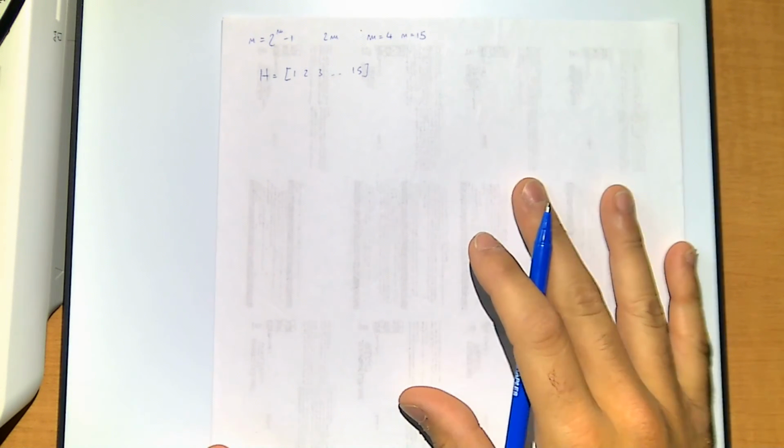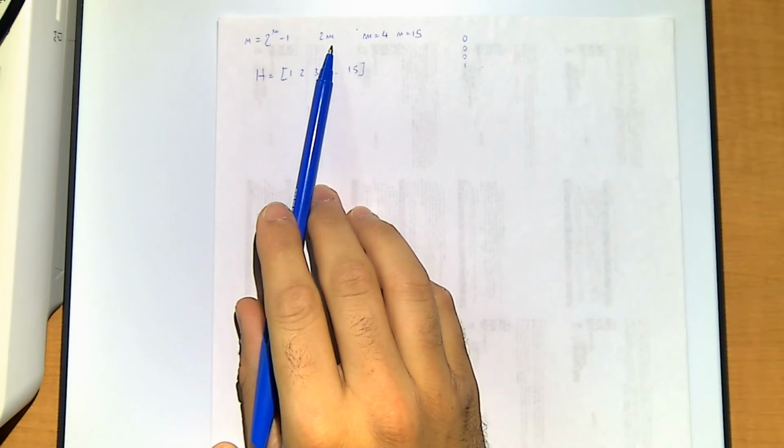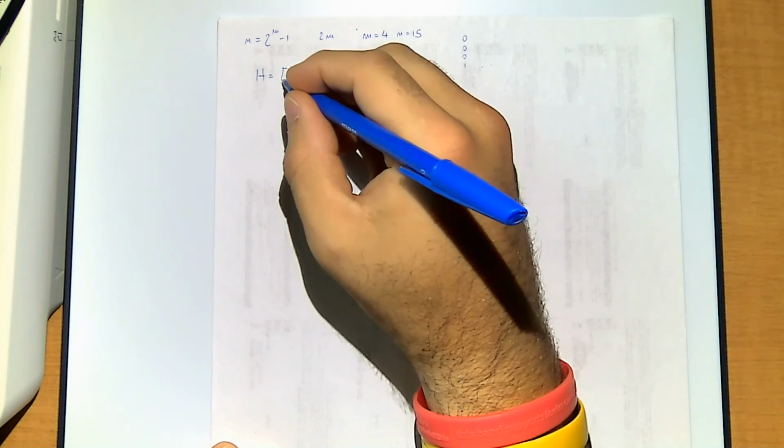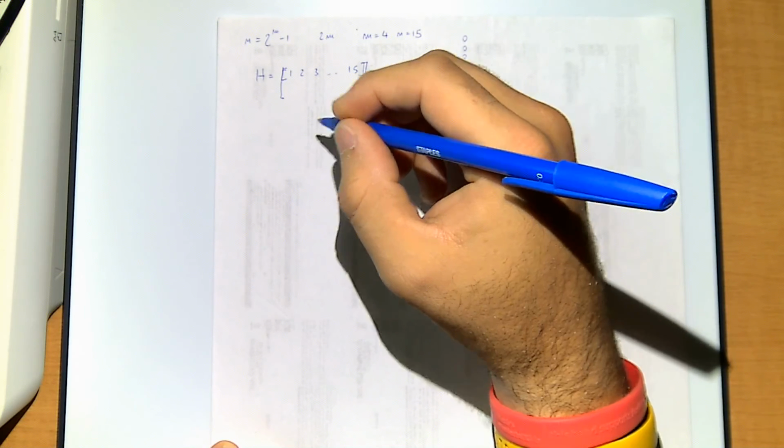Now we can imagine that each of these is a tuple, for example 1 is 0, 0, 0, 1, and so on. Now suppose that we have to double the number of checks, so we have to add 4 more rows. My matrix will be this with some other rows, and what am I going to put here?